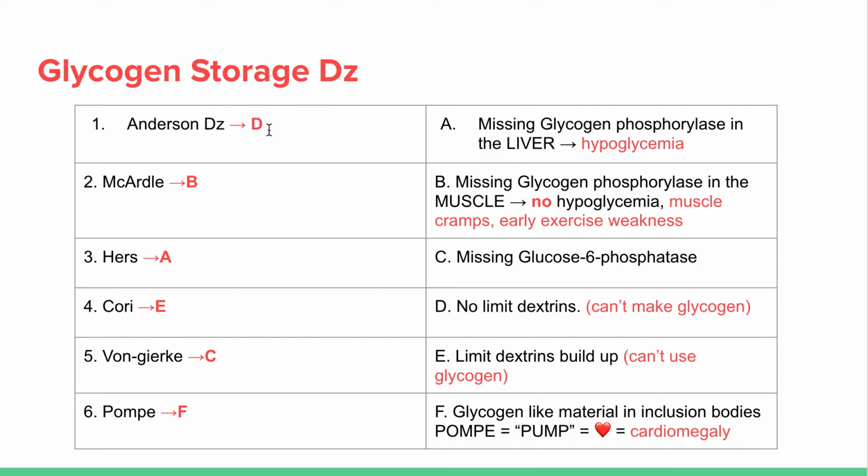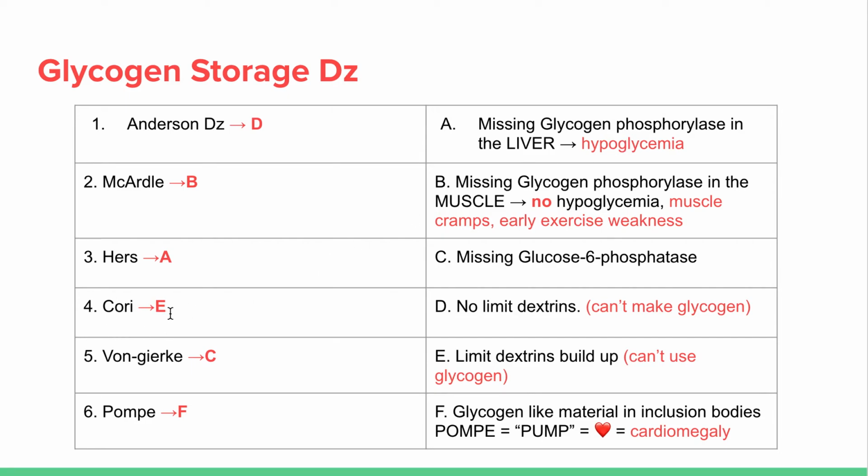So try to answer these, and you should be able to answer these now. Anderson disease, we're missing the branching enzyme, so we will not see any limit dextrins since we cannot make the glycogen. McArdle is in the muscle, so missing glycogen phosphorylase in the muscle. And no hypoglycemia with this one, or maybe very mild hypoglycemia. And you see those early exercise weakness and muscle cramps. Hers, you're missing glycogen phosphorylase in the liver, and you will see hypoglycemia.